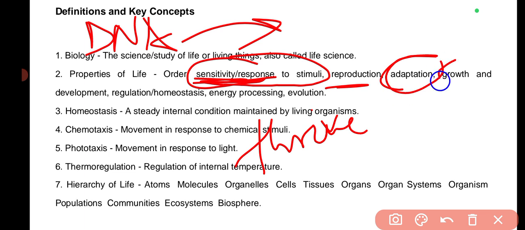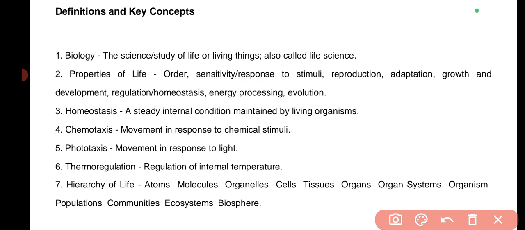So that is adaptation. Growth is a permanent increase in size of an organism, and development is about our intelligence, mastery of things. You know, growth is physical, development is not physical.